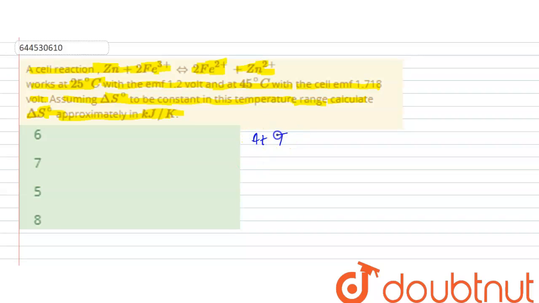We have been given at temperature T1 is equal to 25 degrees centigrade and at temperature T2 is equal to 45 degrees centigrade. So we have been given that E1 will be equal to 1.2 volt and E2 is going to be 1.718 volt, right?